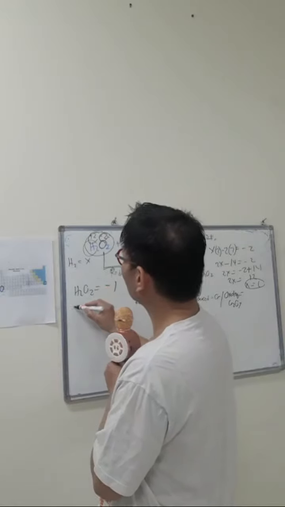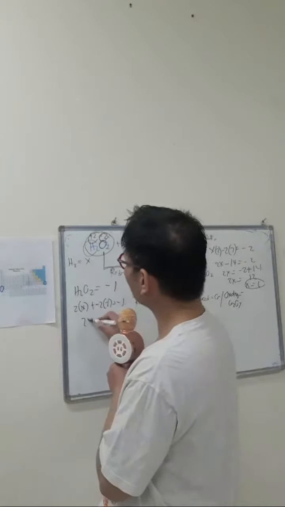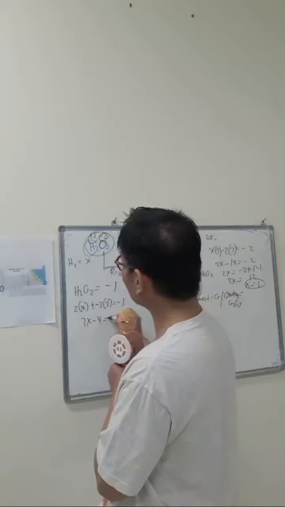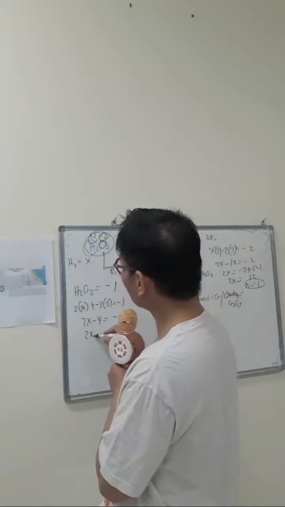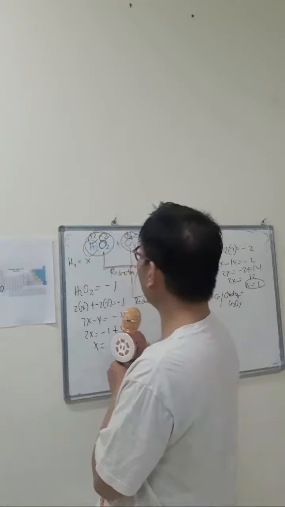Then we have 2x plus (-2 times 2) equals -1, 2x minus 4 equals -1, 2x equals -1 plus 4, then x equals 3 halves.